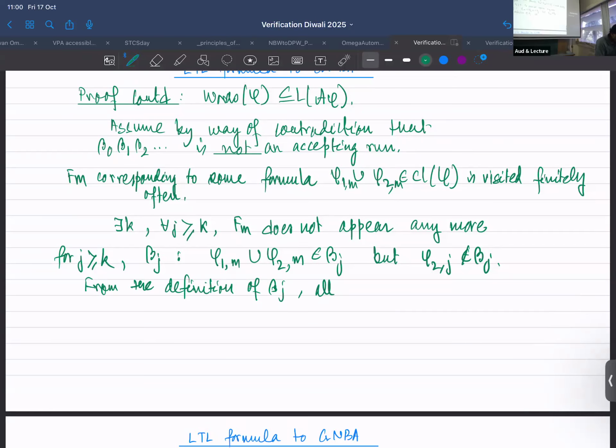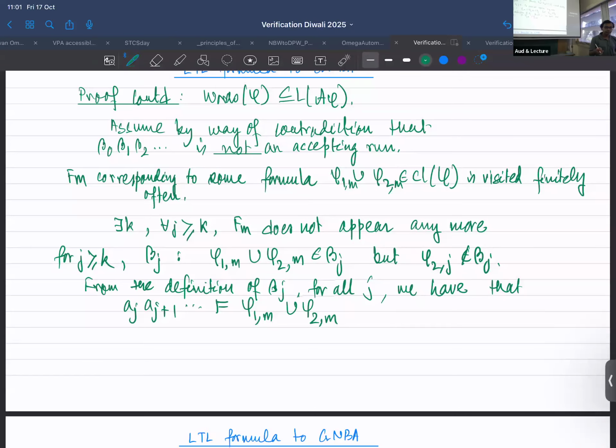For all j, the a j plus 1 and so on satisfy phi 1 until phi 2. That is what it says in the definition of this beta j.